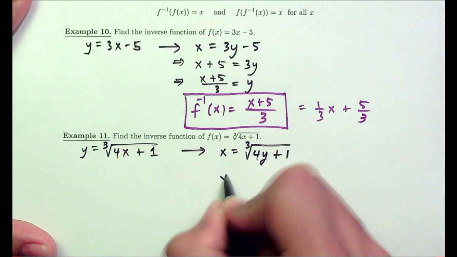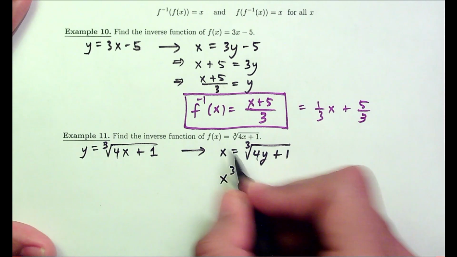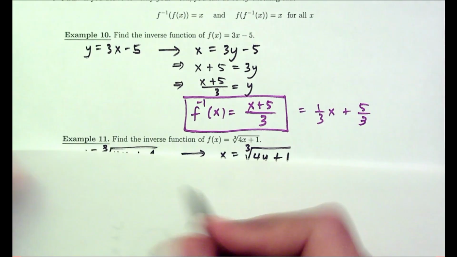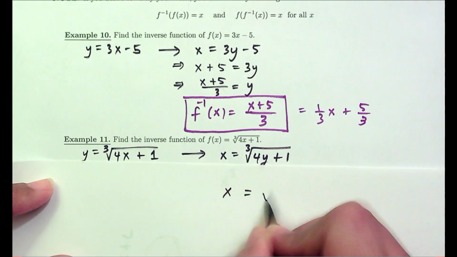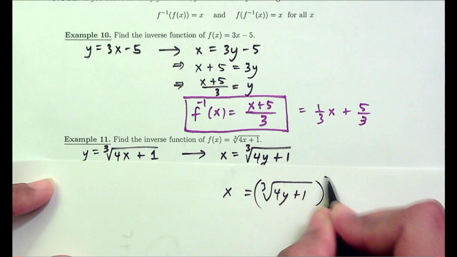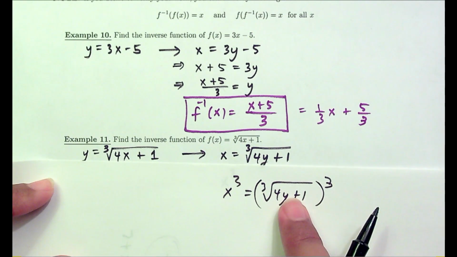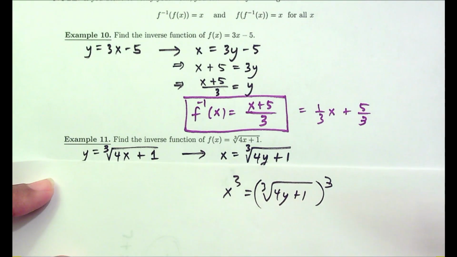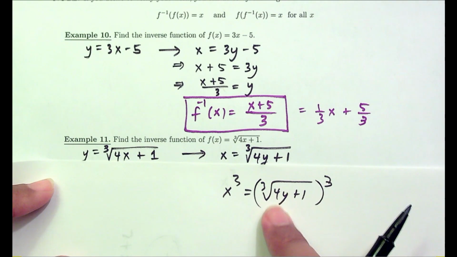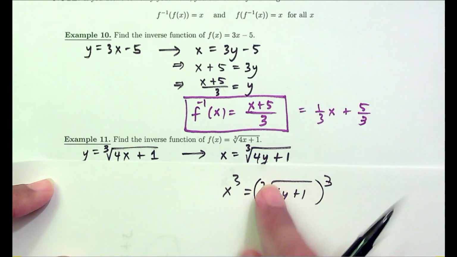You put cube on both sides. The cube and the cubic root function cancel each other, so they're inverse functions of each other.